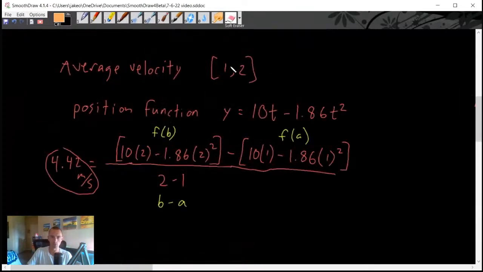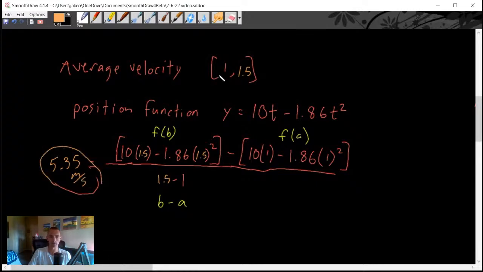We plug in 1.5 for b. a is still 1, right? Our first point didn't change. Now you would just plug this whole thing into a calculator, and you're going to end up with 5.35, again, meters per second. So that would be our average velocity from 1 to 1.5.